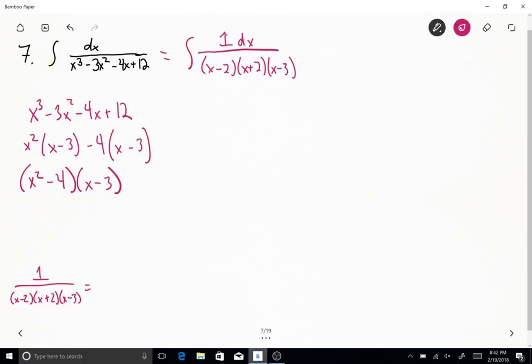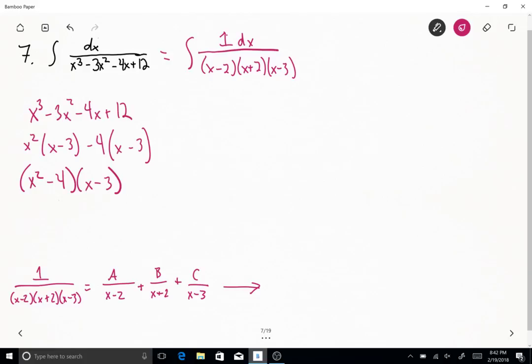Notice that this would be a over x minus 2 plus b over x plus 2 plus c over x minus 3. Okay? So keeping that in mind, what do we have to do? Well, you can multiply both sides by that denominator.